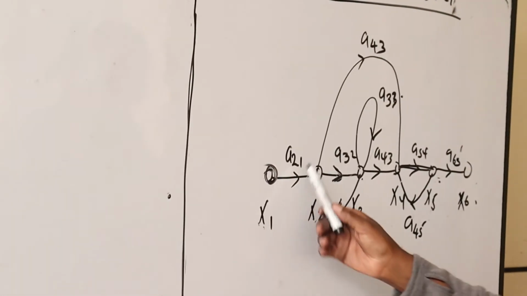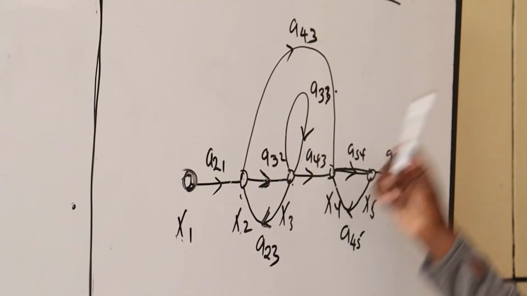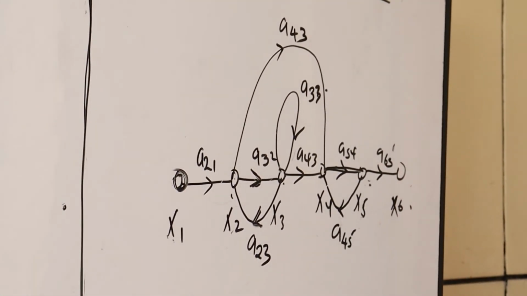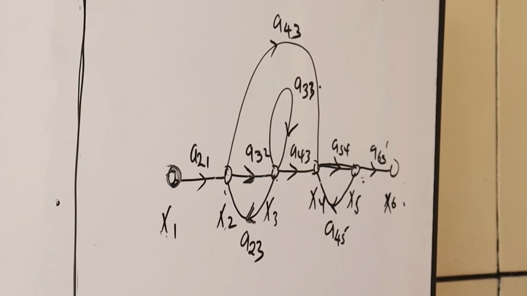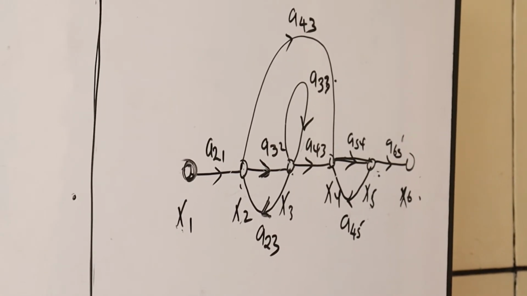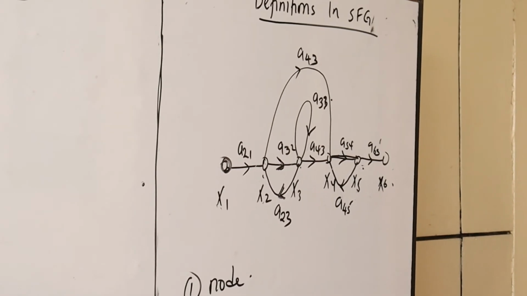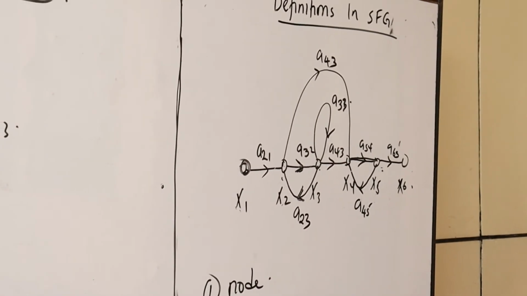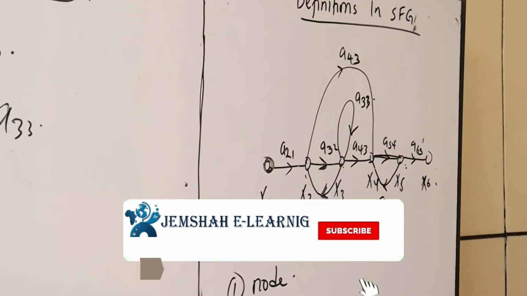We can have A21 to be a gain. We have A32 to be a gain. We have A43 to be a gain of those respective branches. So when you talk about the gain, we are simply talking about the transmittance of that branch, where the transmittance is a multiplicative operator. And that is what a gain is.